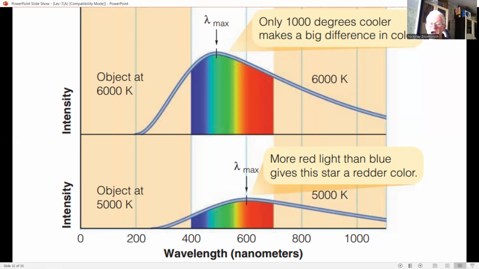The wavelength of maximum intensity, lambda maximum, is the wavelength at which the object emits the most intense radiation, and it occurs at some intermediate wavelength.